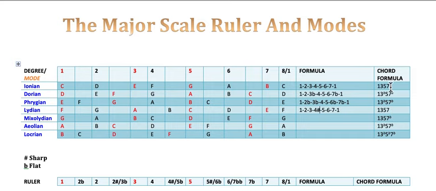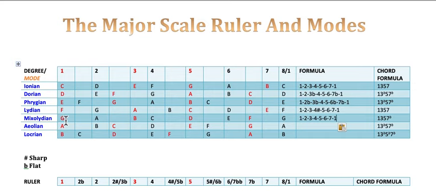It's pretty much the same as this one here on the Aeolian mode. So these are the two modes where you can get the major 7 chord. Now let's move on to the next one, which is the fifth mode, the Mixolydian mode.